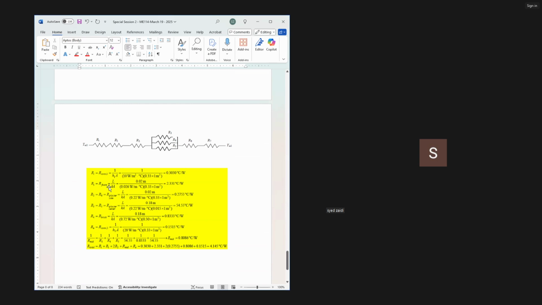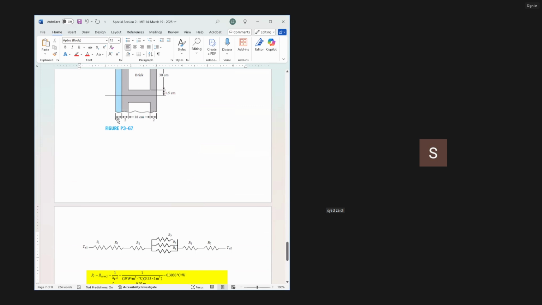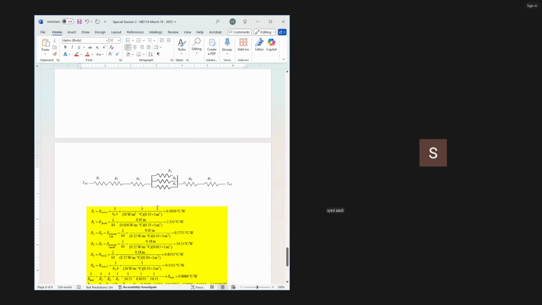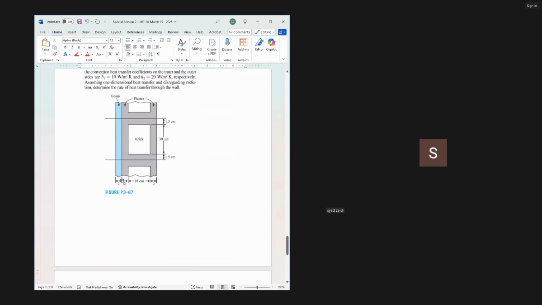R1 will be L over kA because it's pure conduction. L is given as 2 centimeter here. Area doesn't change. Thermal conductivity is given, and area is again 0.33 multiplied by 1. So you get R1. R2 is the same, plaster, L over kA. L is given for plaster, the blue thing, which is also 2.